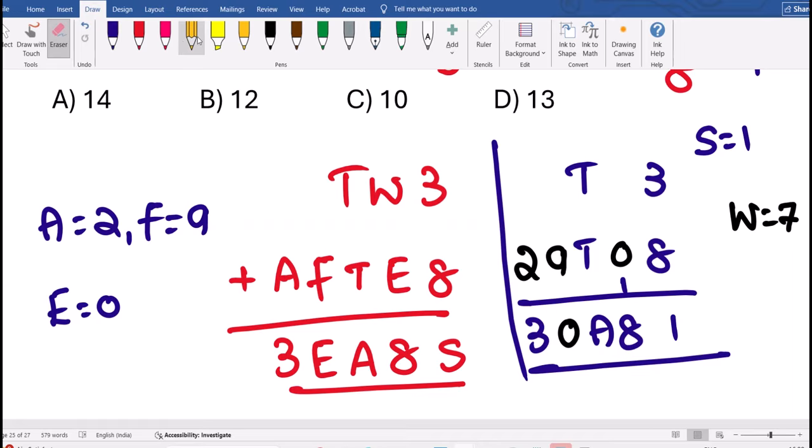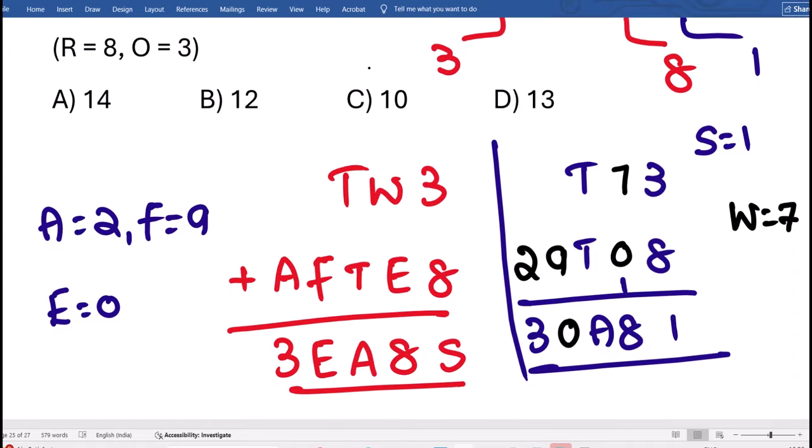So finally, we have to think about T. So T plus T should generate some carry, and A must be 2 already here. We fixed A value 2, so we can log that here. It should be 12.